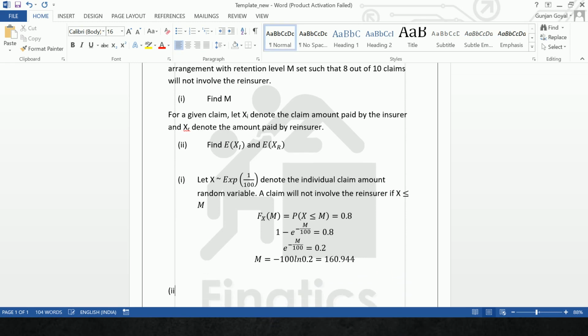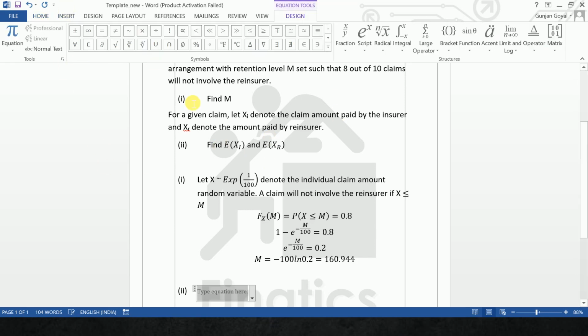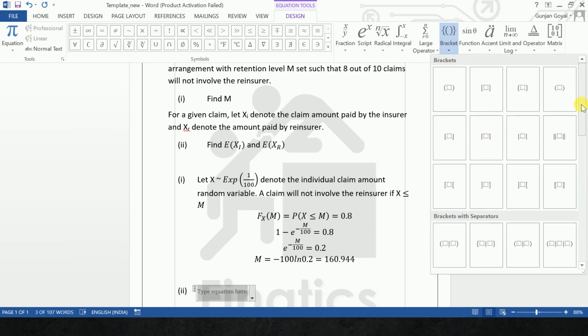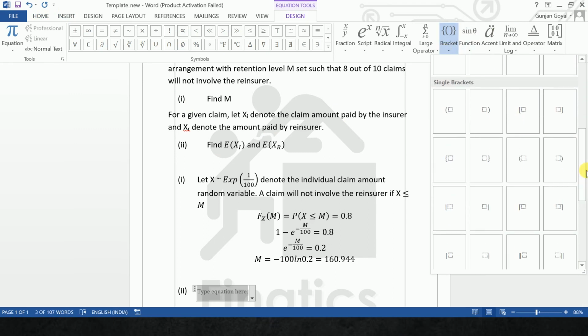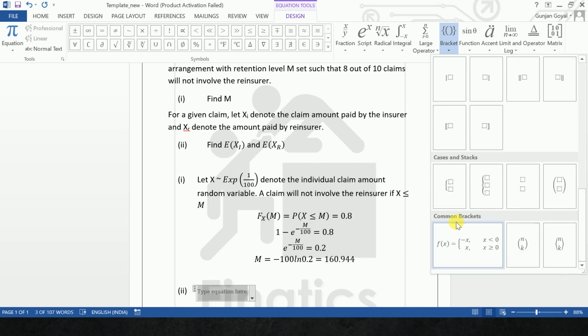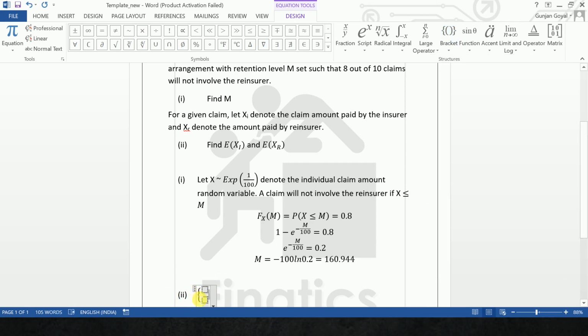The second part is calculating the mean of the insurer's and the reinsurer's payments. First we'll write the equations for the insurer. I'll go to these brackets and choose cases.